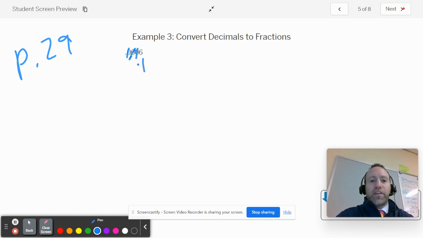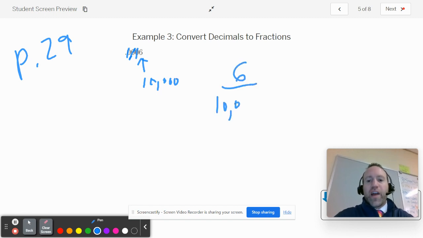And the last one here is in the 10,000ths place. So that's going to be 6 over 10,000. Now that fraction does reduce, but I'm not worried about that. We're not going to worry about reducing fractions. We're just worried about going from the decimal to the fraction.